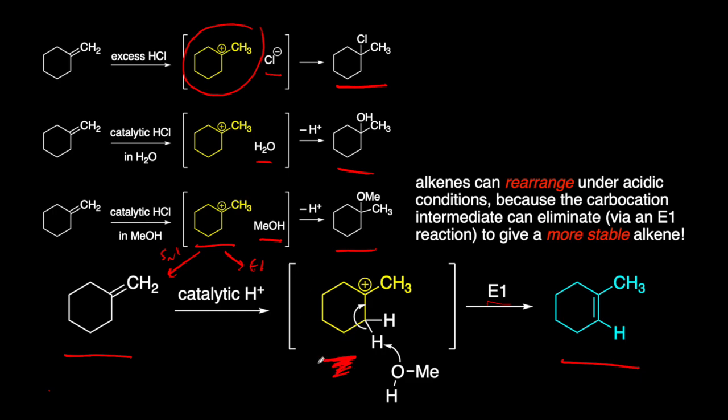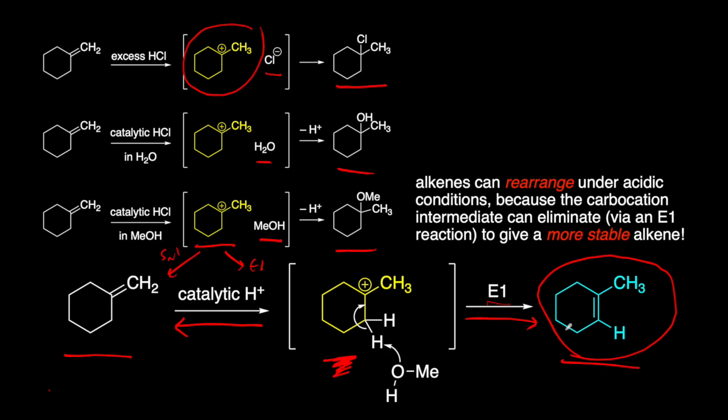And so if it has a choice of going backwards to this alkene or forwards to this alkene, it's going to go to this blue one on the right because this is more substituted and therefore more stable, right? This alkene's got 1, 2, 3 non-hydrogen things on it. This one only has 2 things. So because this alkene is more stable, these alkenes are rearranging to different alkenes via the carbocation.